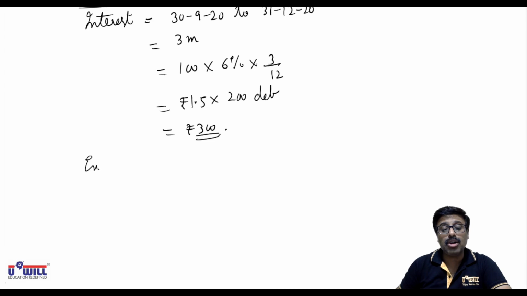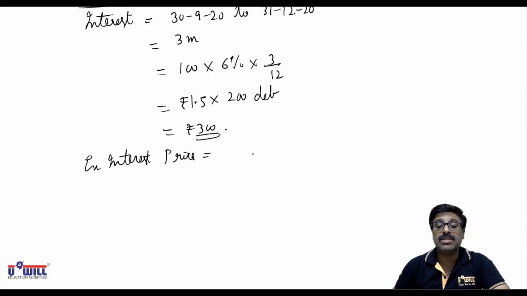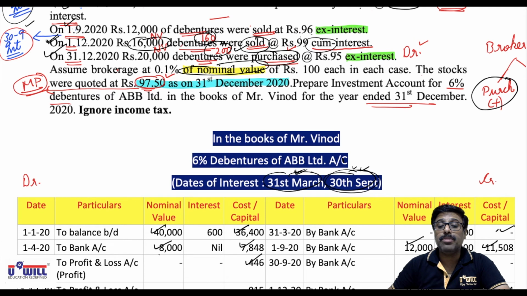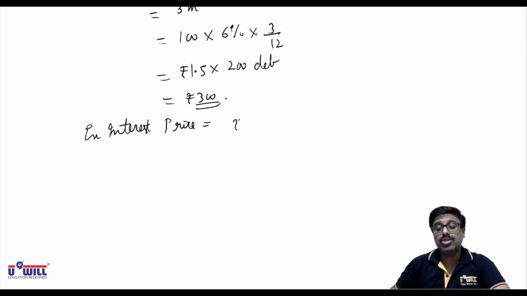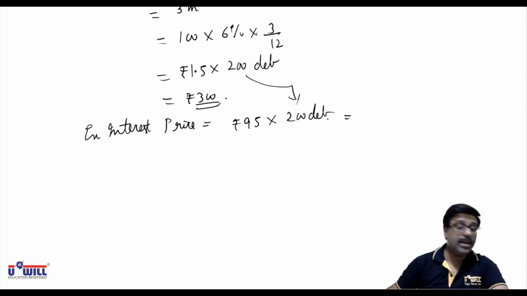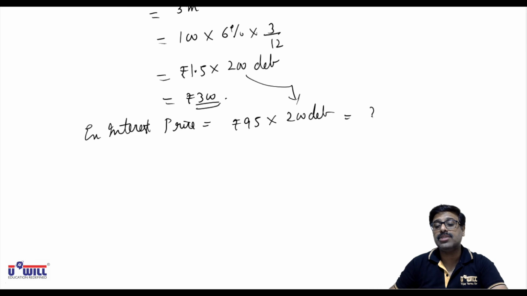Now we always record at ex-interest price. In cost or capital column, we always write ex-interest price. Is ex-interest price directly given? Yes. 95 rupees of ex-interest price is directly given. So 95 into 200 debentures, 19,000 is the ex-interest price.